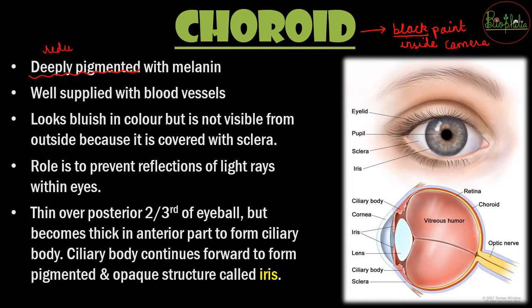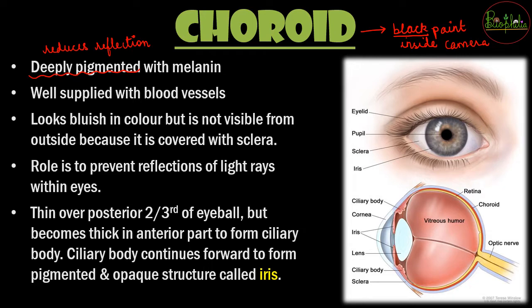So what is the work of the choroid? It reduces the reflections as the light rays enter the inner eye, so that there are no double images, triple images, or blurry images.